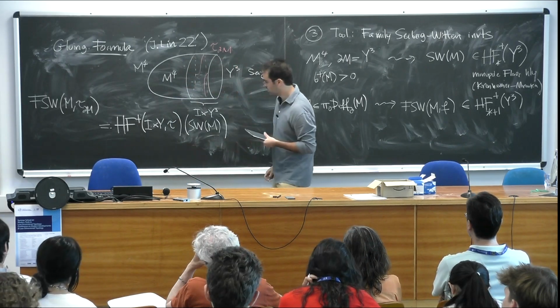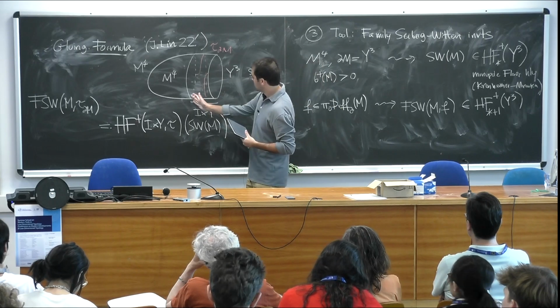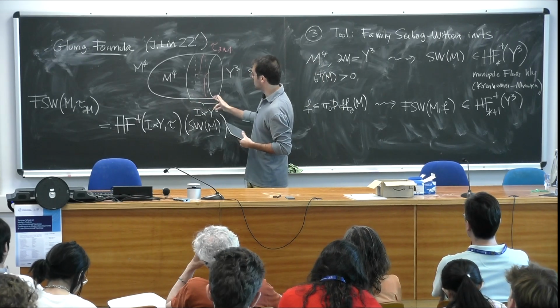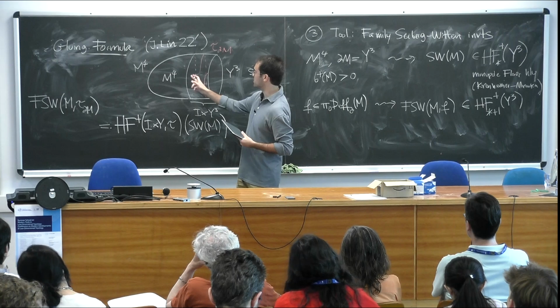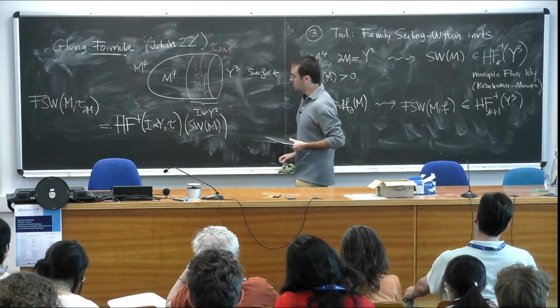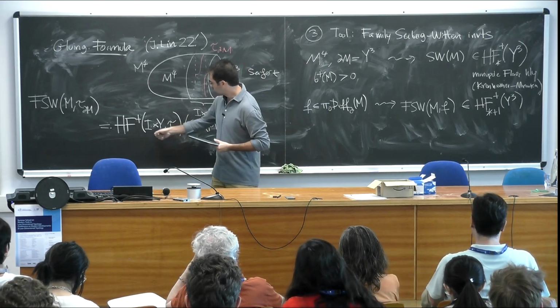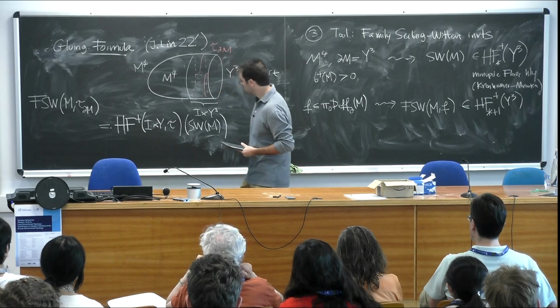This interval cross Y is a cobordism from the three-manifold Y to itself, so there's a cobordism map on the monopole Floer homology.